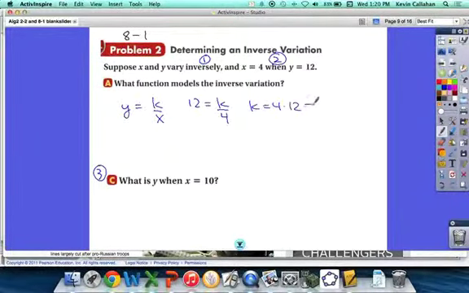So now that I know the k, I can substitute. y equals 48 over x. Step 3. What is y when x equals 10? Okay, so we're going to substitute that 10 there. y equals 48 over 10, which is 4.8.